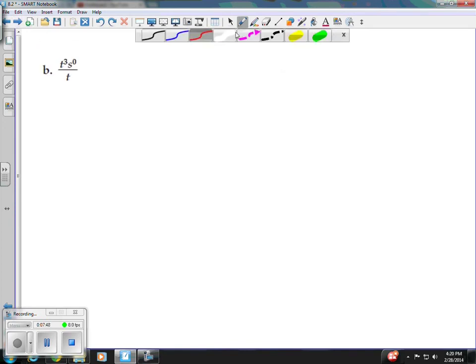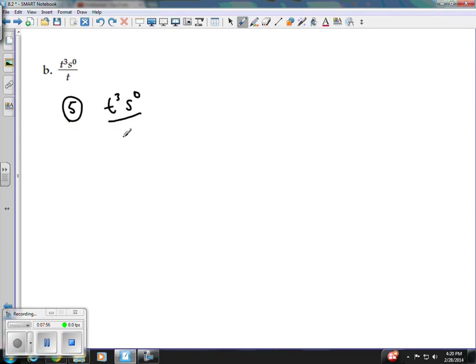So here's another example for our 0 power. So we have t to the 3rd, s to the 0 over t. So let's see what we know. We know that s to the 0 power is going to give us 1. And we know if they're side by side, that means they're being multiplied. So that's t to the 3rd times 1 over t.